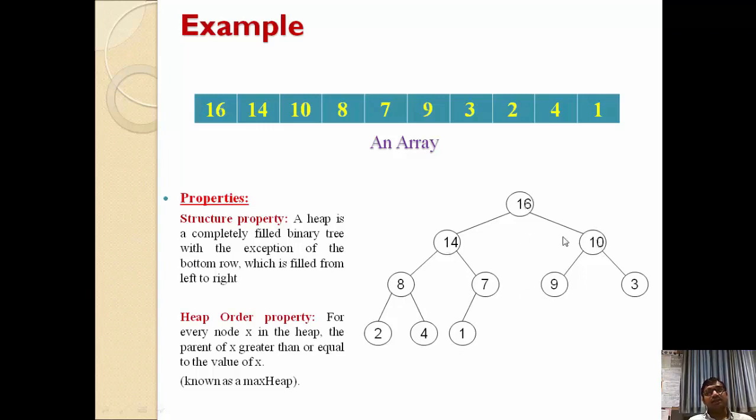These are all internal nodes and have maximum 2 children. Right? So this concept you need to retain, because later on we will use this concept in our algorithm. We have to start from the half of the tree to check whether this tree satisfies the heap property or not.